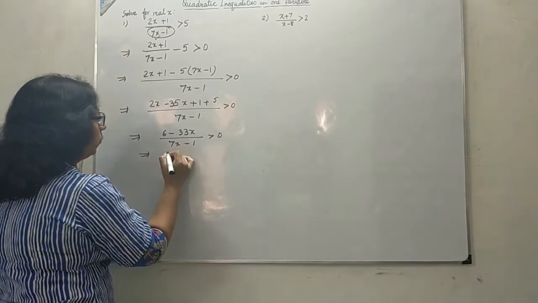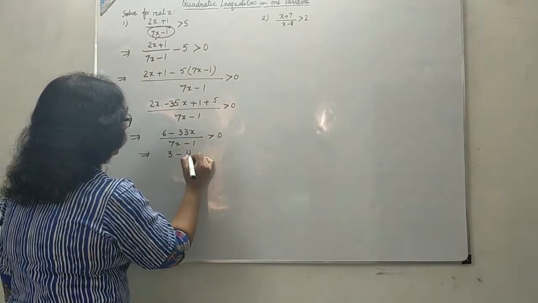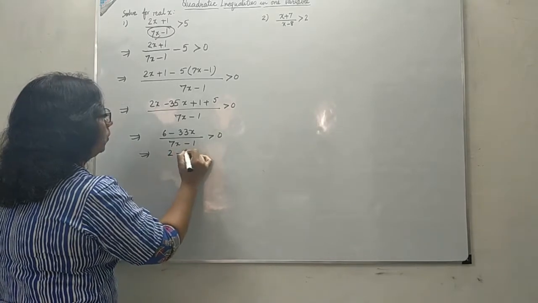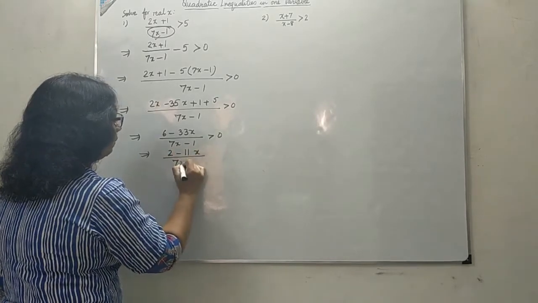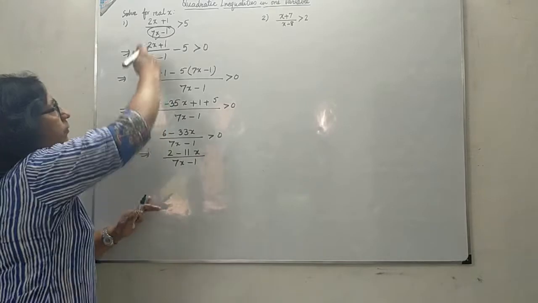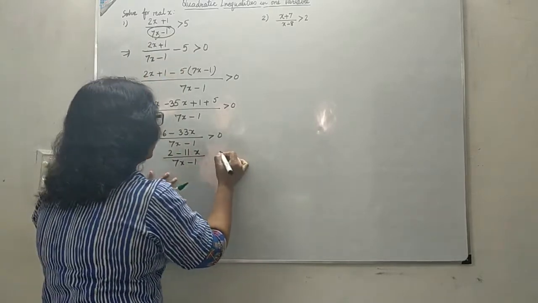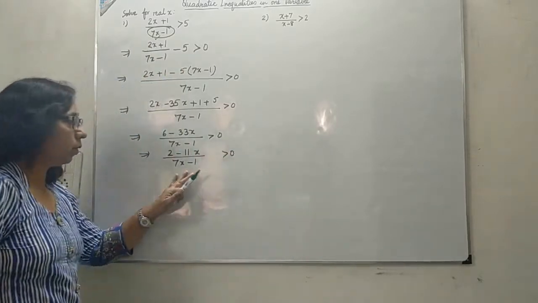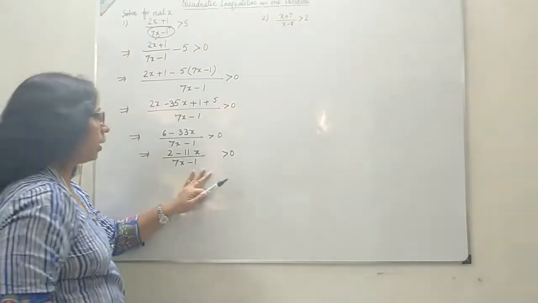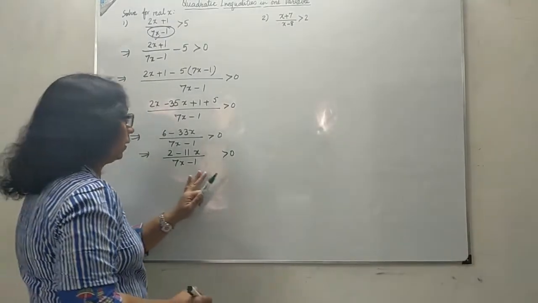Dividing both sides by 2 we get 3 minus 11x upon 7x minus 1. We have converted it into one term, but again there is a problem of 7x minus 1. We don't know about its positivity or negativity.